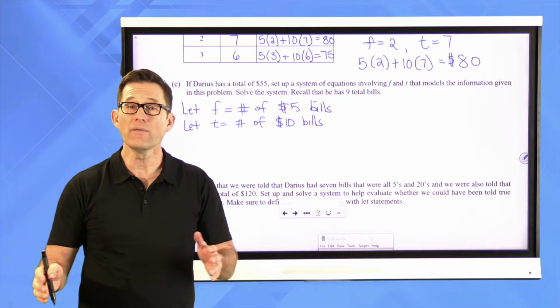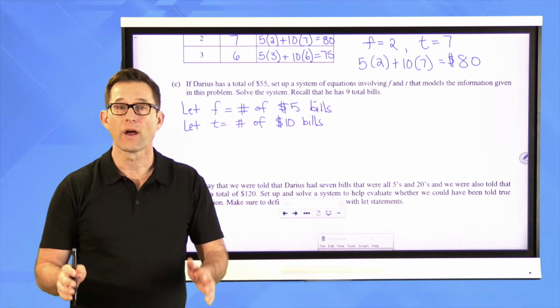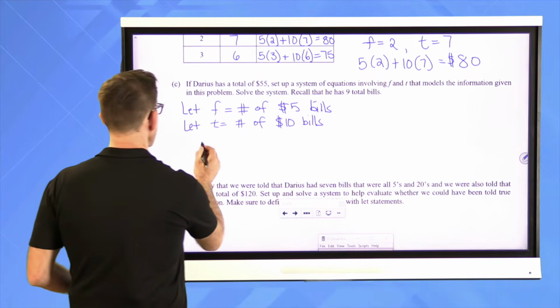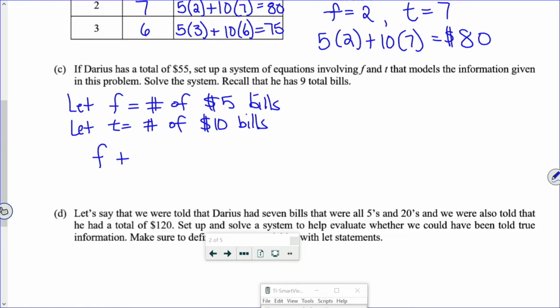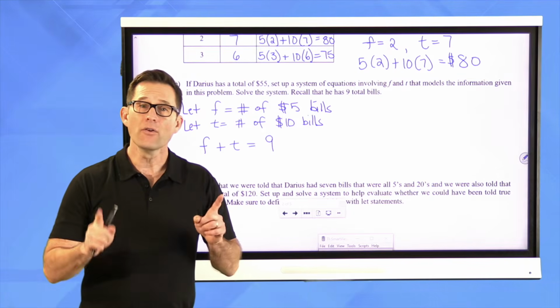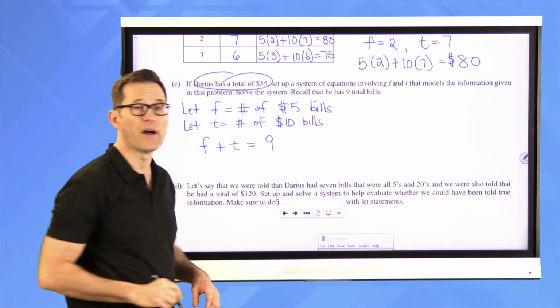Because now, one of the two equations in our system is very, very easy. He's got 9 total bills, in which case the number of $5 bills plus the number of $10 bills is equal to 9. He's got 9 total bills, so f plus t must be 9. The other piece of information we know, though, is that Darius has a total of $55.